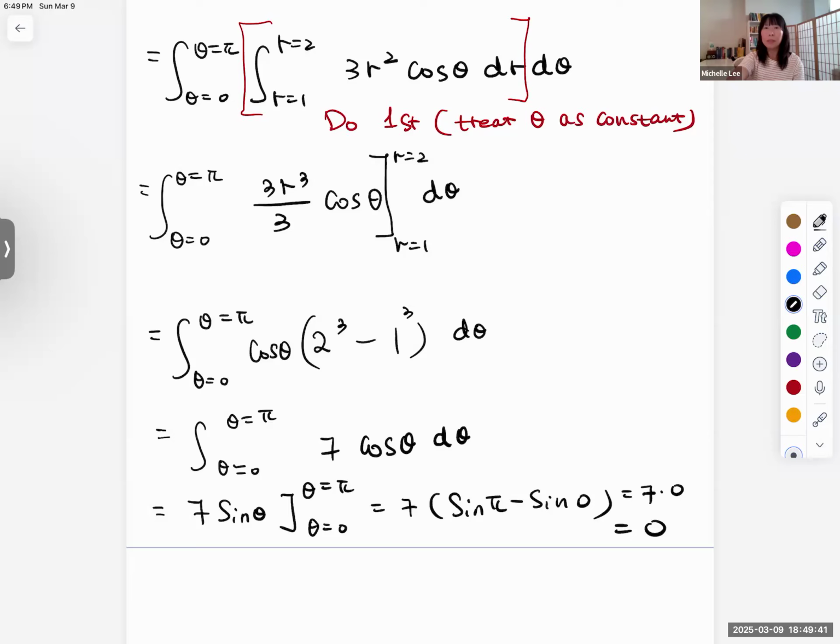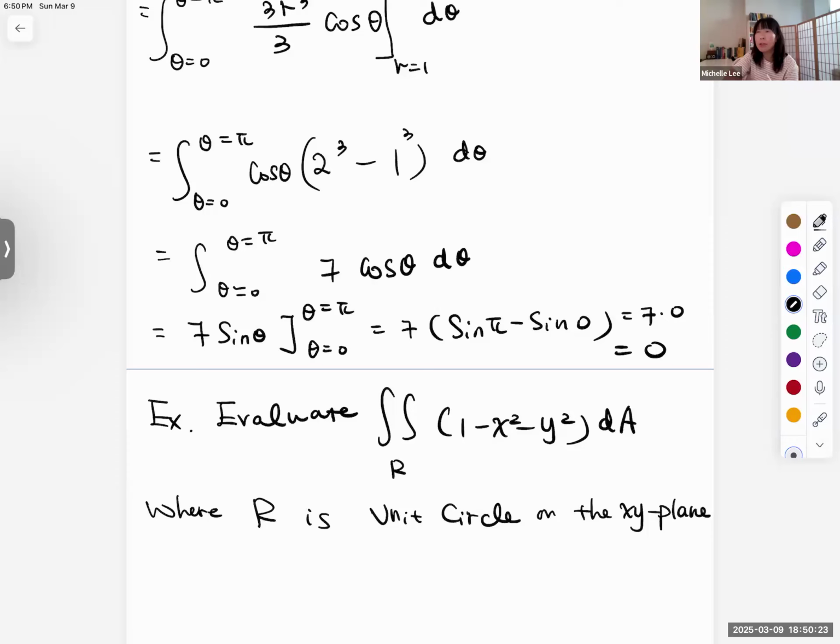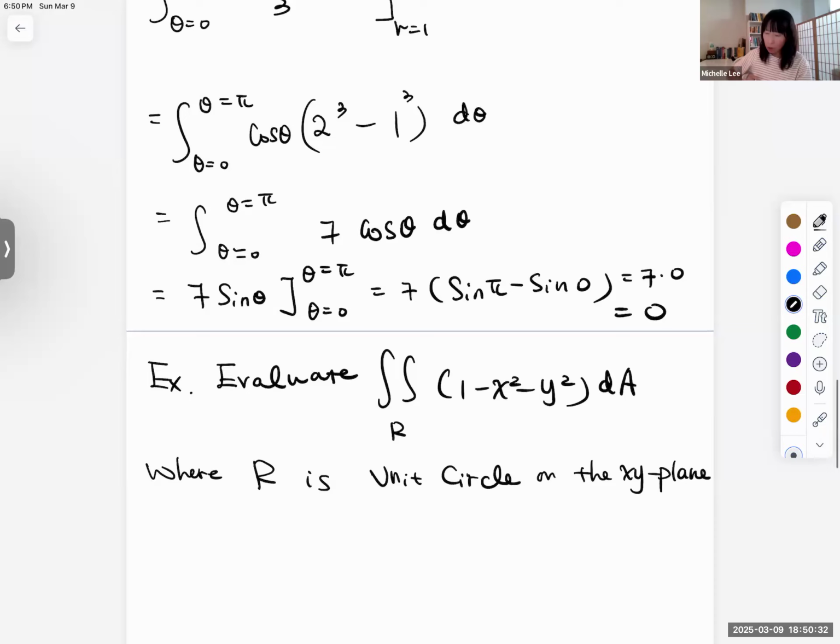All right. Next, another one. Okay, so we have a function that we want to evaluate. So basically, we need to find the volume. So normally we have given information about the region, right? So in here, we have R is the unit circle. That means the radius equal to 1, right? So R equal to 1.